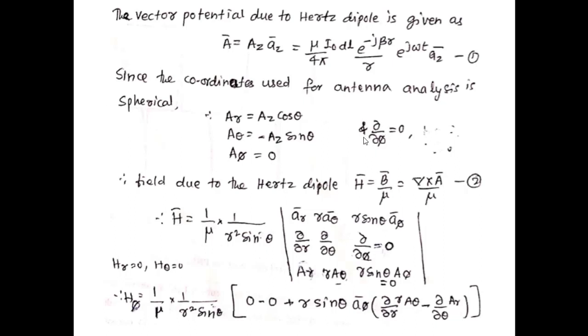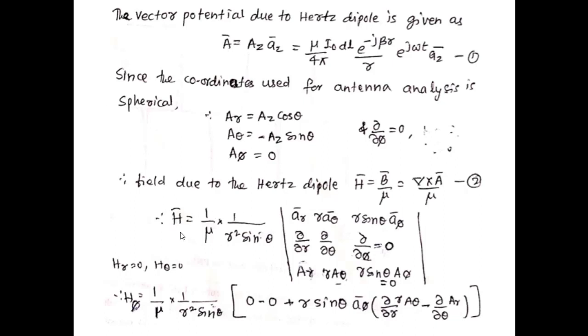And since the signal is not varying along the phi direction, the partial derivative dou by dou phi is equal to 0. The field due to Hertz dipole is then given by H bar is equal to B bar by mu is equal to del cross A bar divided by mu.